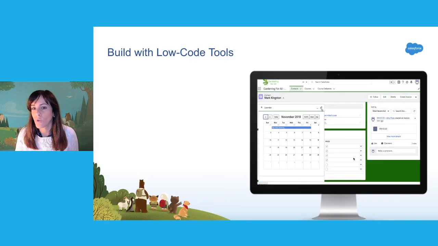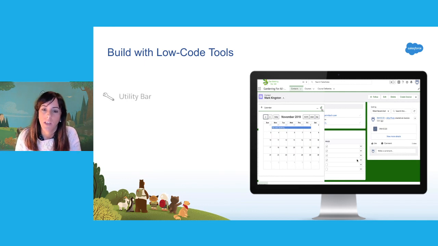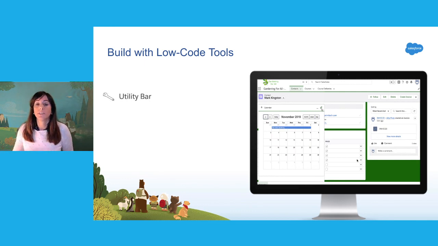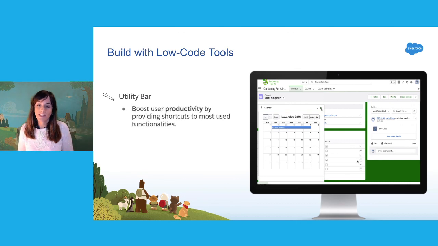And the last tool, the creative tool I want to talk about, is utility bar. Utility bar is a persistent footer that is going to increase your user's productivity because it allows you to have at hand all the functionality that you use the most.